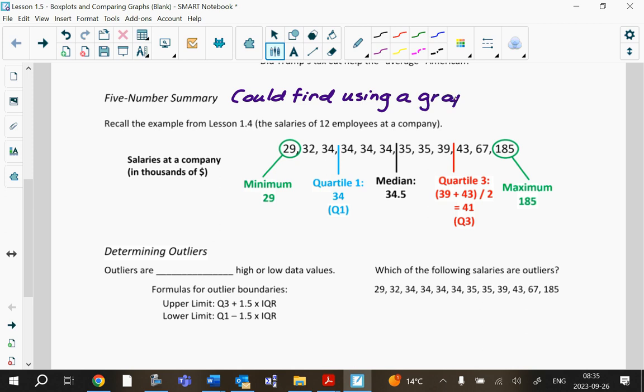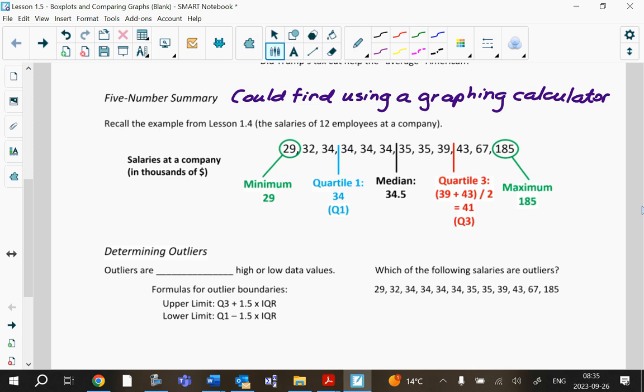We could actually find more information. The 5-number summary deals with the minimum, first quartile, median, third quartile, and maximum. Okay, we can use all that information to describe distributions.